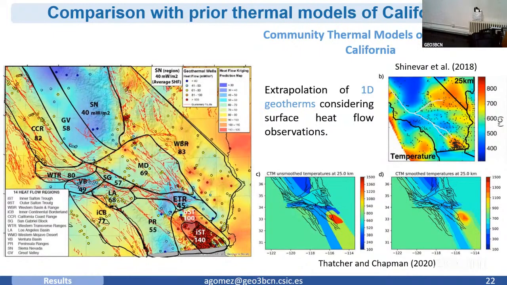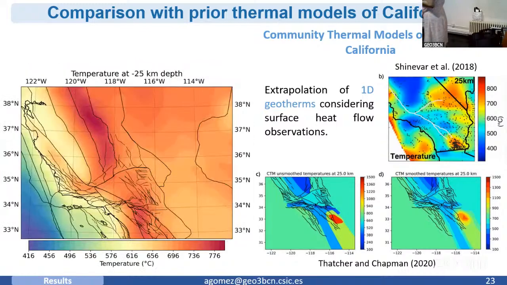So yes, in my case, I wanted to explore the full three-dimensional heterogeneity following this data integrative approach, and not relying just on the extrapolation of 1D geotherms. So when we compare our results with the previous community models, we see that we are actually obtaining opposite trends, right?